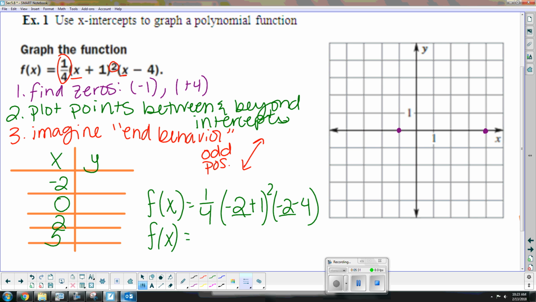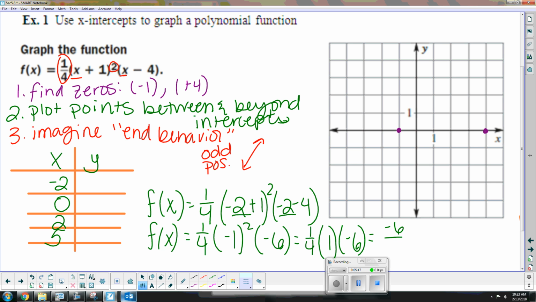So f of x, or my y, is 1/4 times -1 squared times -6, which is 1/4 times 1 times -6, which is -6/4, which is -3/2.